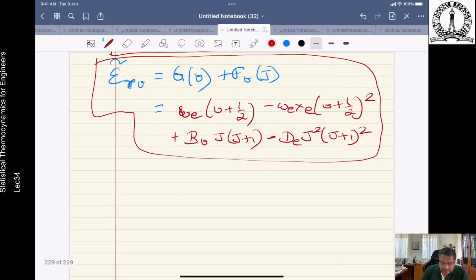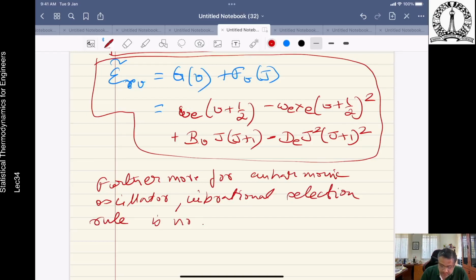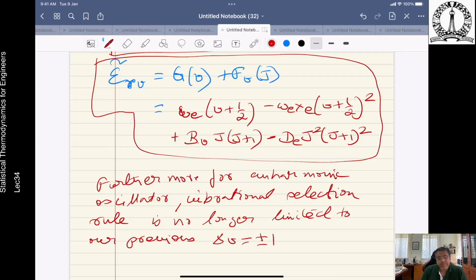Now, furthermore, for an anharmonic oscillator, the vibrational selection rule is no longer limited to our previous analysis, which showed that delta V will be plus or minus 1.